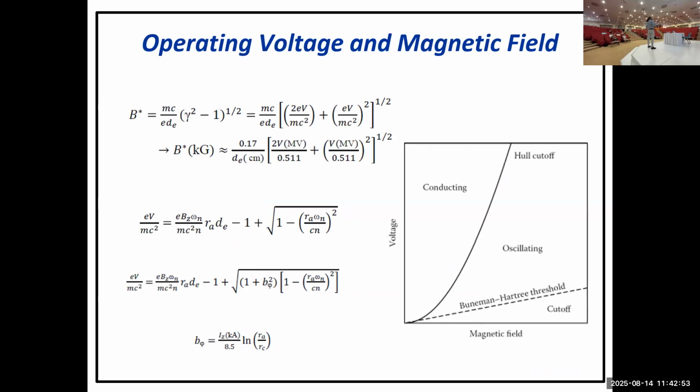You can't have any combination of voltage and magnetic field, because you could be in the cutoff region, which is below the Buneman-Hartree threshold, or you could be in the conducting region, which is above the Hull cutoff. So you need to be in this region here, and this curve is not fixed for all modes, for all magnetrons. It depends on the geometry and on the mode. This could be a very small space of solution.